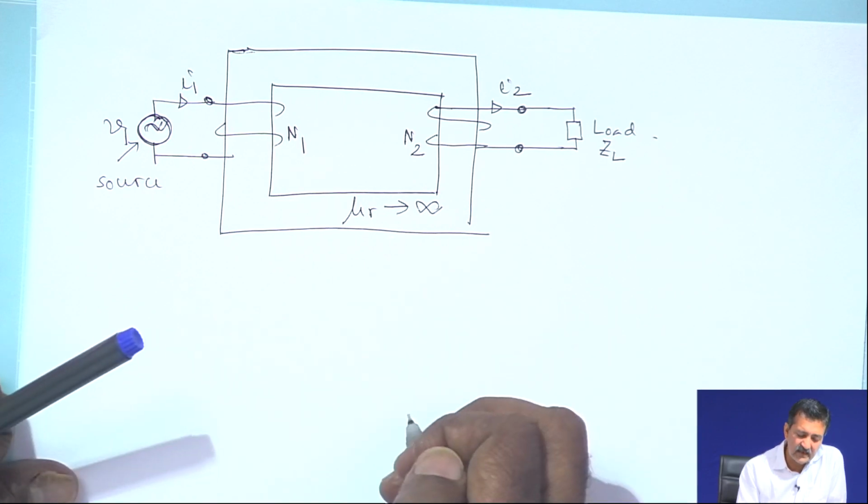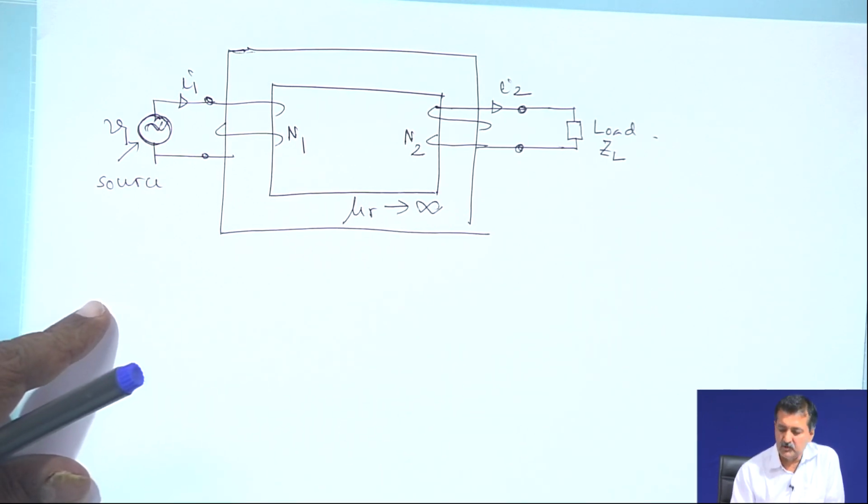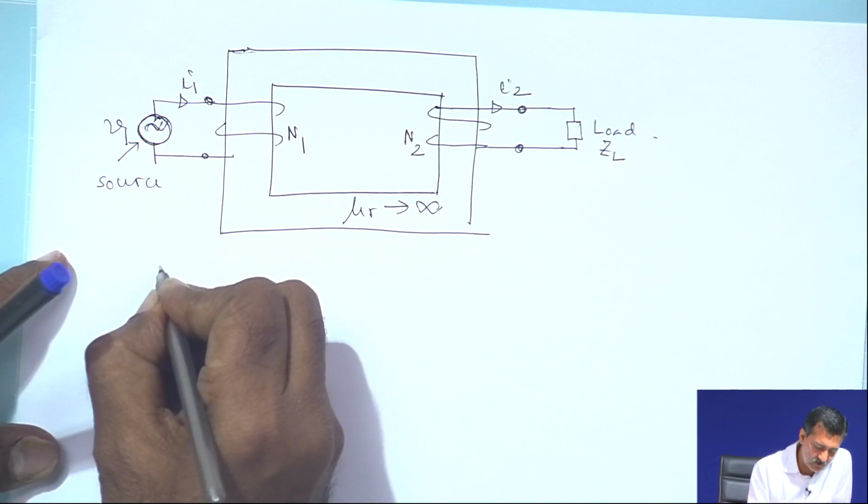The ideal one has only two essential equations. The first equation is Faraday's law.